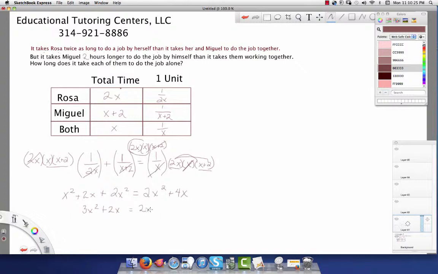I'm just simply bringing this down. And then when I move this over through the opposite operation, I'm going to take this with me at the same time through the opposite operation. So subtract 4x. Here I'm going to subtract 2x squared from here, and I'm going to subtract 4x here.